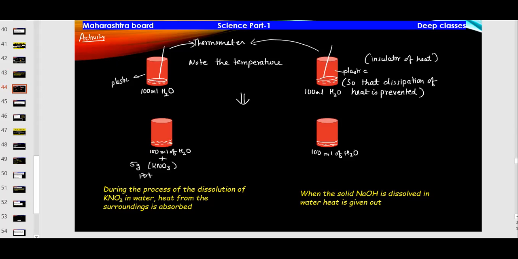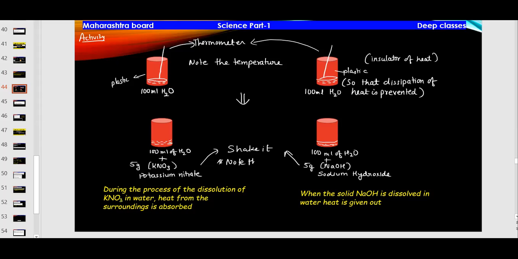It is potassium nitrate. And in the second beaker, with 100 ml of water, I'm going to add 5 gram of NaOH. NaOH means sodium hydroxide. After adding this, we are going to shake this mixture properly, and then you have to note the temperature.